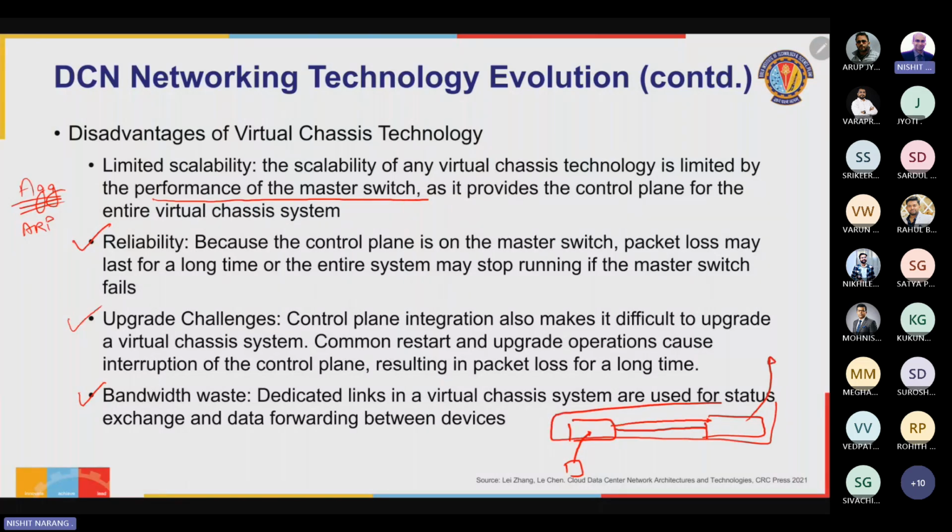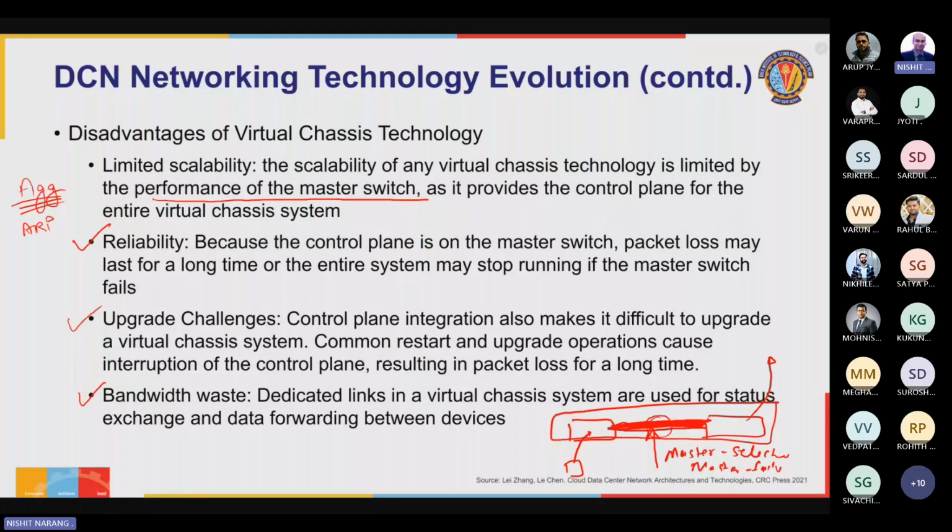Now that they are part of an aggregation virtual chassis, this link is of course used for data plane traffic like it was earlier, but it is now also being used for an additional protocol, which is the master selection and the master failure handling protocol. So this link is now carrying more control plane traffic, and control plane traffic in any network is seen as an overhead.